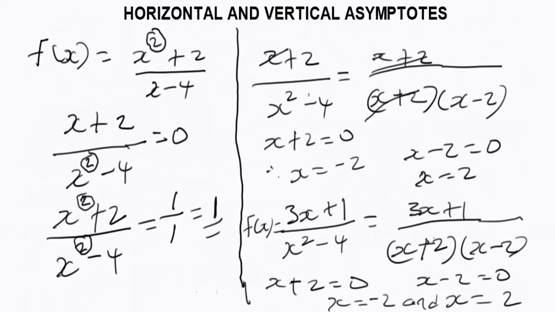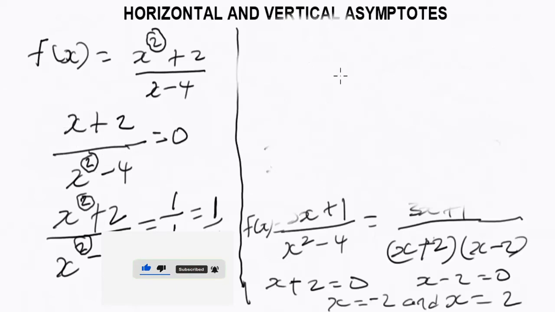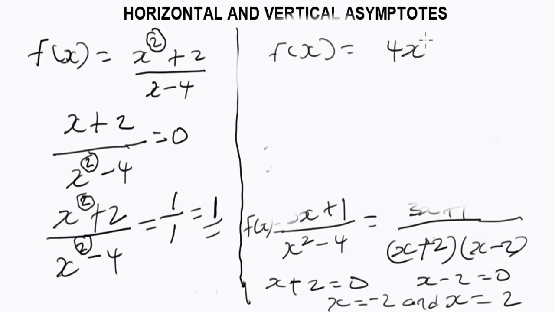So let me show you one more example before we call it a class. Once you're given something like this, a question of this format, f of x equals 4x squared over x squared plus 8.